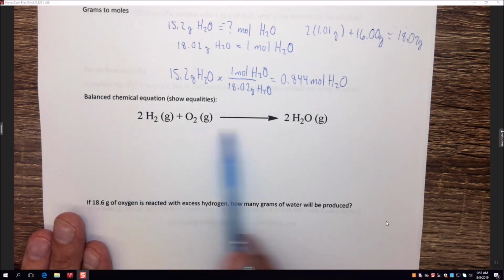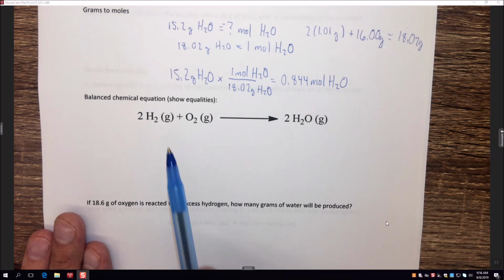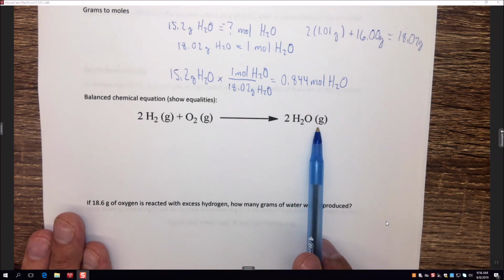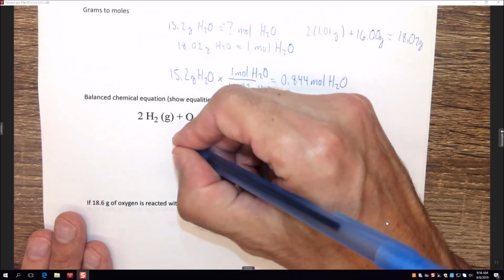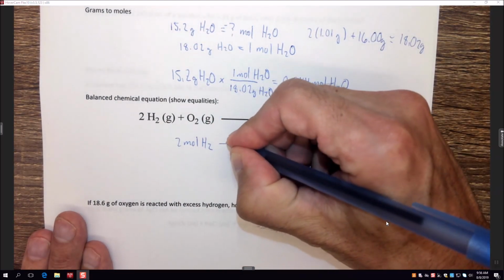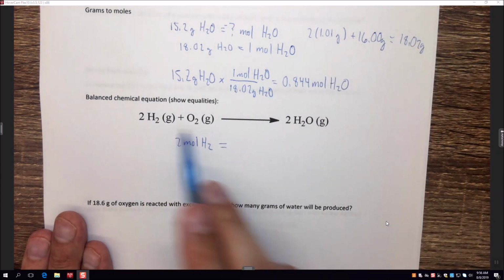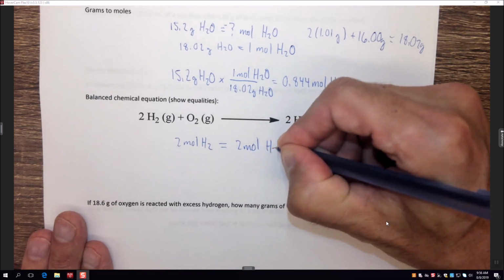Well, we can make equalities out of this. And balanced chemical equations allow us to convert from moles of one thing to moles of another. So for example, if I did a reaction here with 2 moles of hydrogen, I would find that that is exactly equal to 2 moles of water.